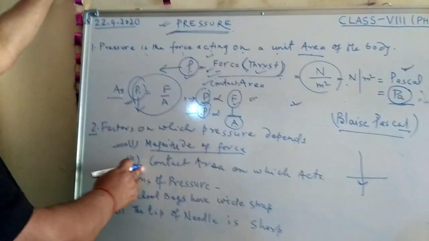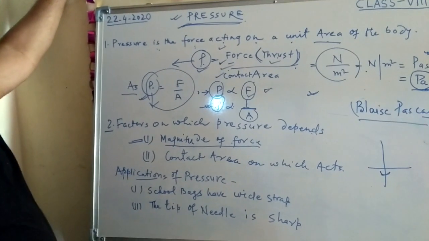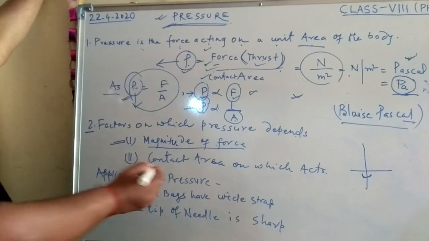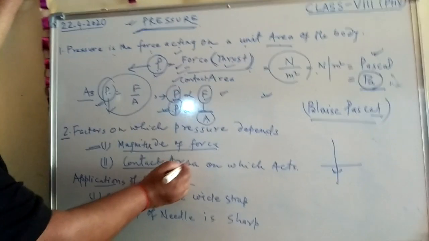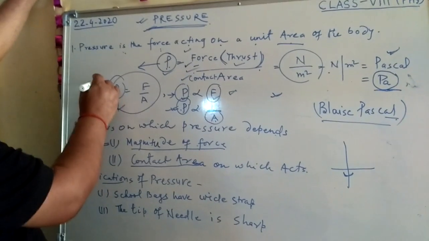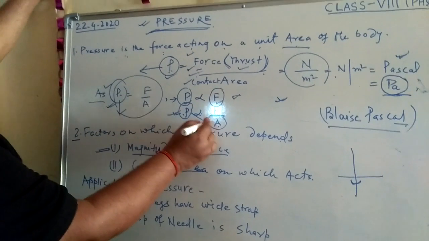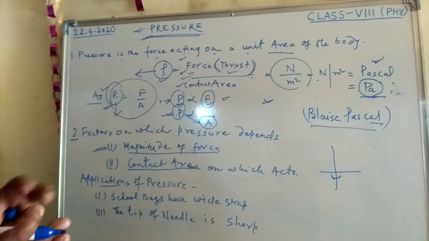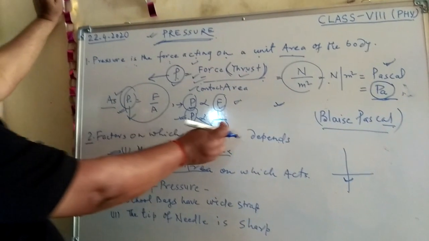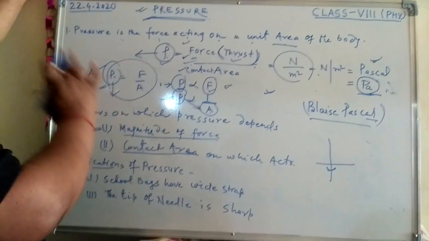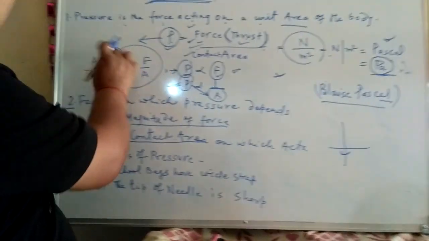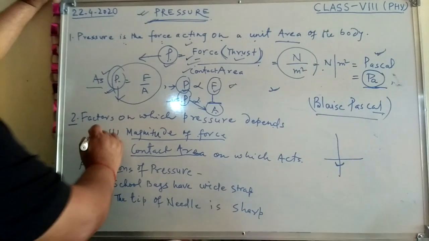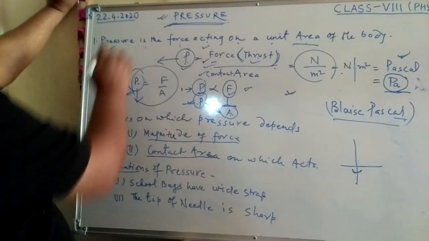And the contact area also changes the value of the pressure, because if the contact area is less, then pressure is more, since it is an inversely proportional relation. ये उल्टा रिलेशन है, प्रेशर और कॉन्टेक्ट एरिया का उल्टा रिलेशन है. इसलिए अगर कॉन्टेक्ट एरिया ज्यादा होगा तो प्रेशर कम होगा, और कॉन्टेक्ट एरिया कम होगा तो प्रेशर ज्यादा होगा. So this is all about the factors of pressure.